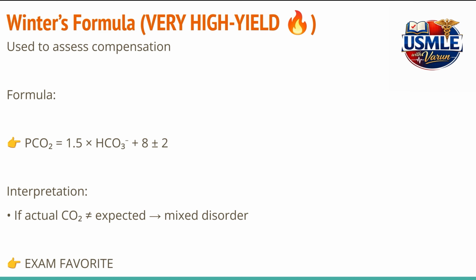Whenever bicarbonate is lost, carbon dioxide is lost too. So the amount of carbon dioxide that's expected to be lost can be calculated using the formula 1.5 times bicarbonate plus 8, plus or minus 2. This is called the Winter's formula, and this PCO2 helps us determine the level of compensation.